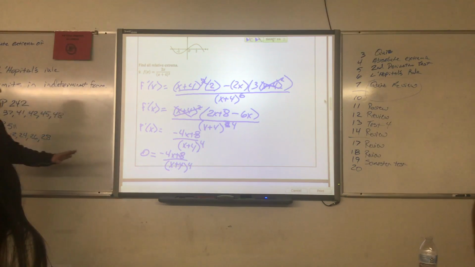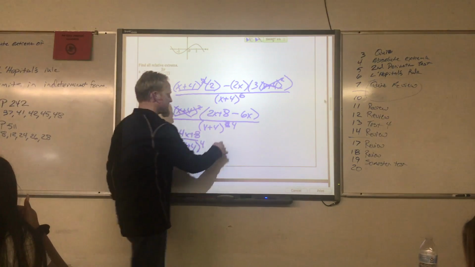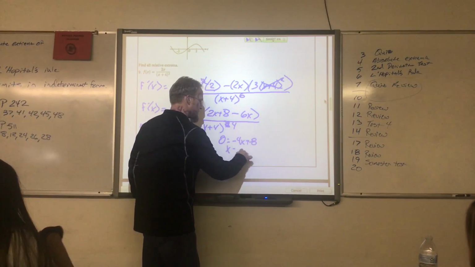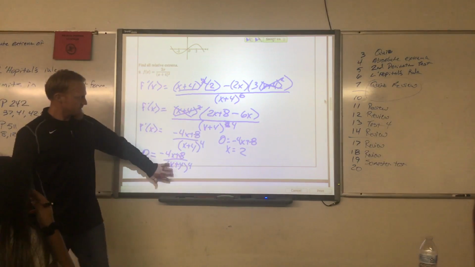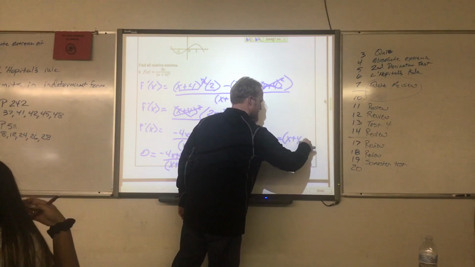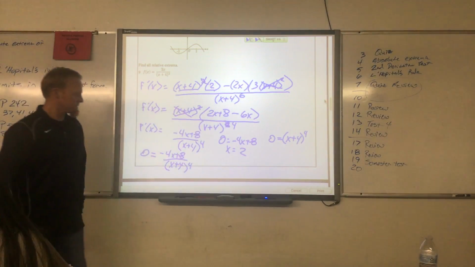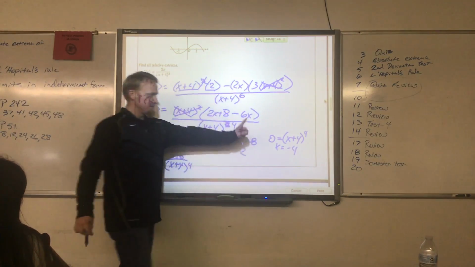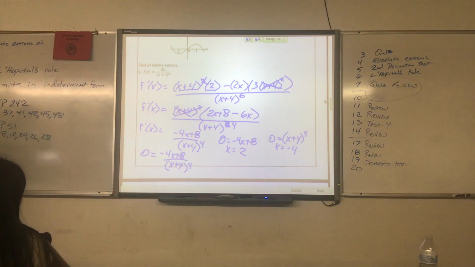All right, set the whole thing equal, then set each piece equal. So 0 equals negative 4x plus 8, which gives me x equals 2. Then 0 equals x plus 4 to the 4th, which gives me x equals negative 4. But where did that one come from? The bottom.